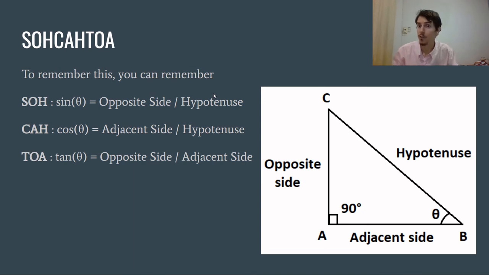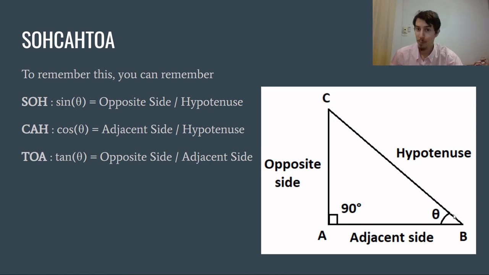As simple as that. If the ratio is 1, it means that the opposite side is equal to the hypotenuse. The two sides are the same length. If the ratio is 2, it means the opposite side is 2 times longer than the hypotenuse. If you're a smart student, you should know that it's not possible, because the hypotenuse is the longest side, so the opposite side cannot be longer.